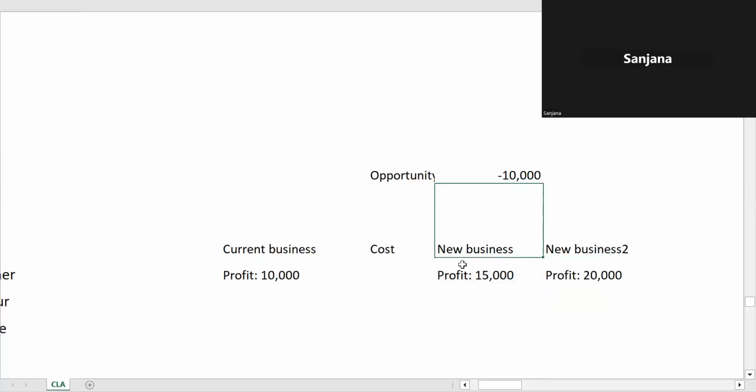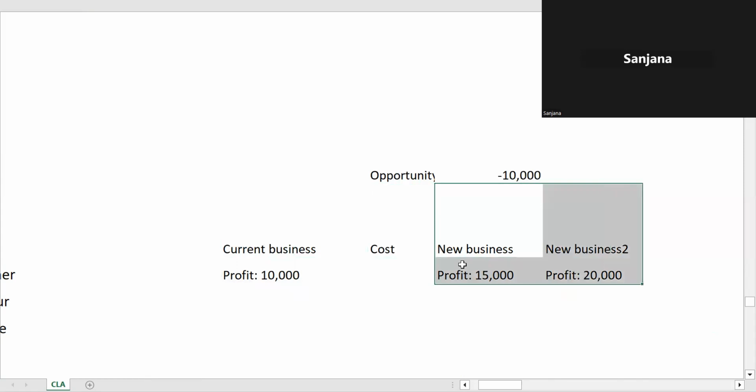So whatever you are doing, your next best alternative should be less lucrative than your current alternative. Otherwise you should have been doing that. If that is better, you should have been doing that. So as per opportunity cost theory, what you are doing right now must be better than other opportunities. This opportunity can also be in the past, like we have seen here. So after you are getting more, this is now out of the question.